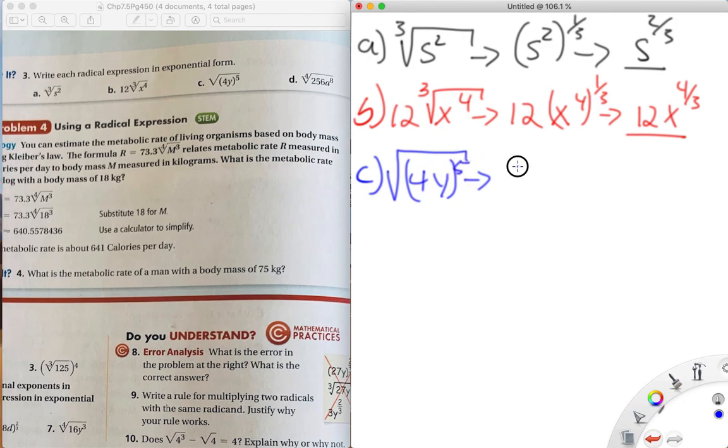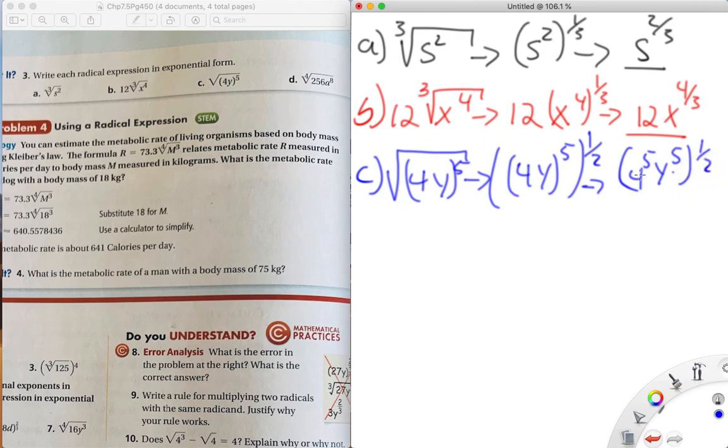So we have 4y raised to the 5th power and that's being raised also to the 1/2. So that's 4 to the 5th, y to the 5th, raised to the 1/2 power.